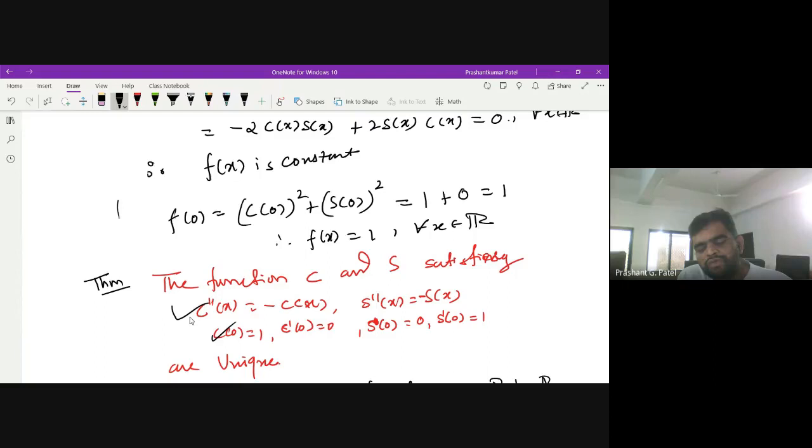And so we are able to define the sine function and cosine function.